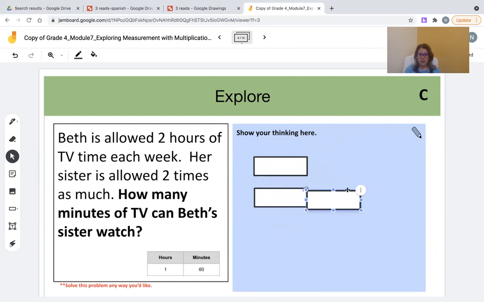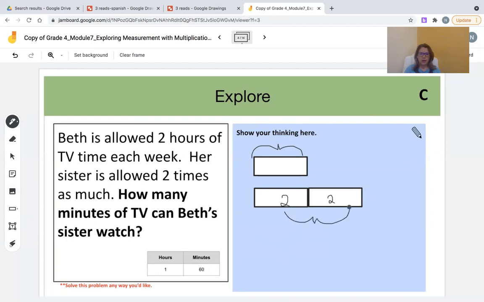I know that Beth is allowed to watch 2 hours of TV time, and her sister is allowed 2 times as much. So there are 2 hours in each tape diagram. I also know that there is a conversion table to help as I solve this multiplicative word problem.